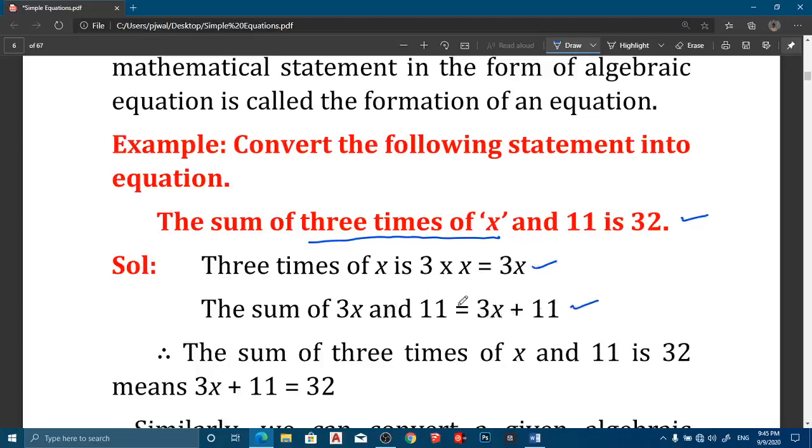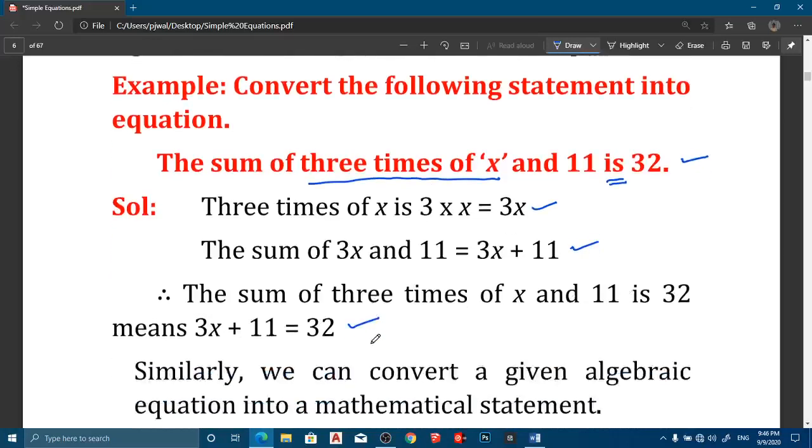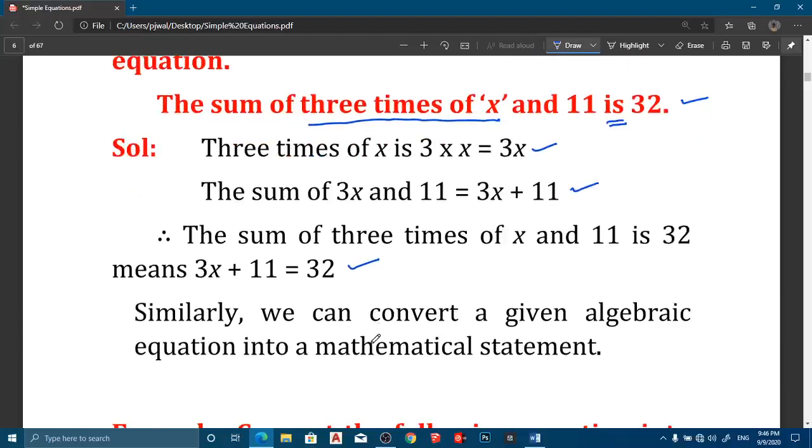Is means this expression is equal to 32. So the sum of 3 times of x and 11 is 32 means 3x plus 11 is equal to 32. Now it is fully converted into the form of an equation. So this is called formation of an equation by using the given mathematical statement. Okay.